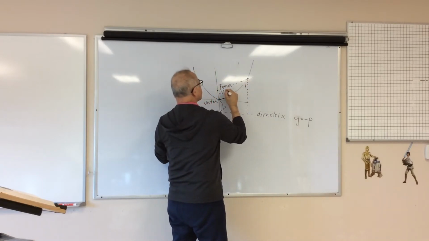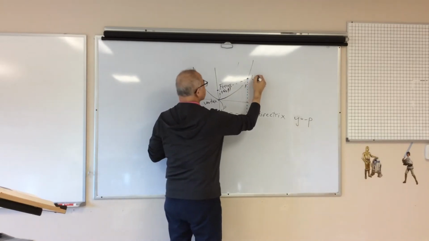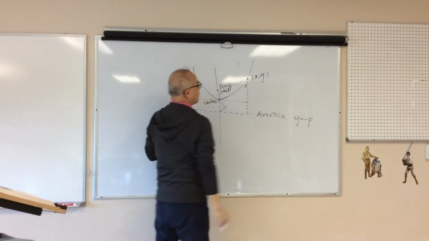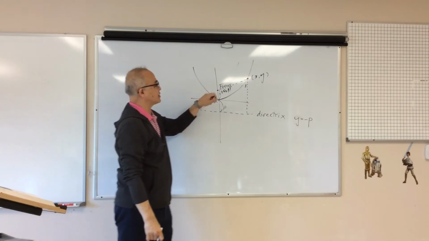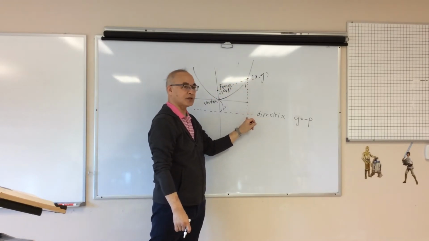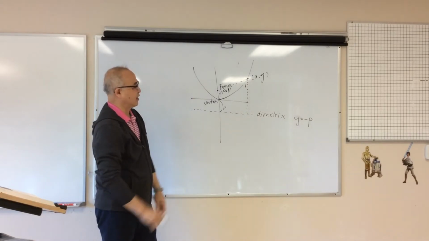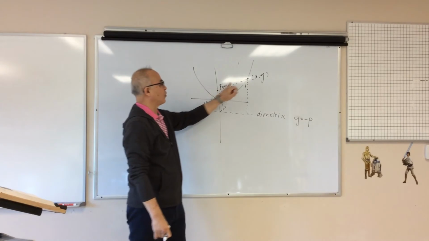The focus was (0, p). So we'll call this point (x, y). We just said that the distance between the focus and this point and the distance between here and the directrix are going to be the same. So let's find the distance from the focus to here.